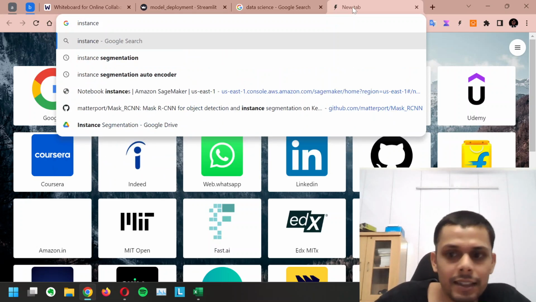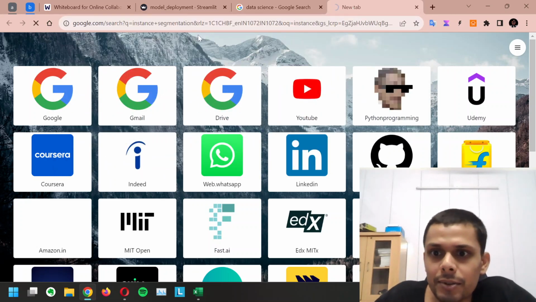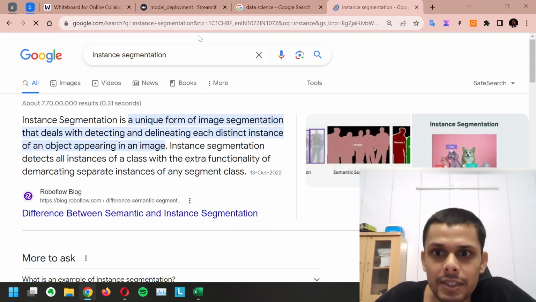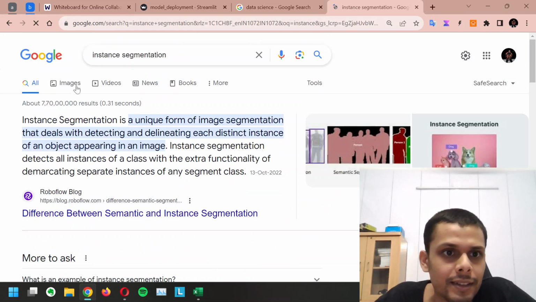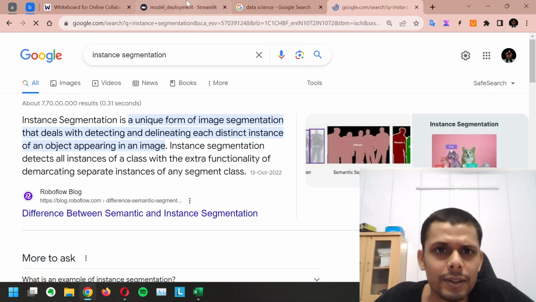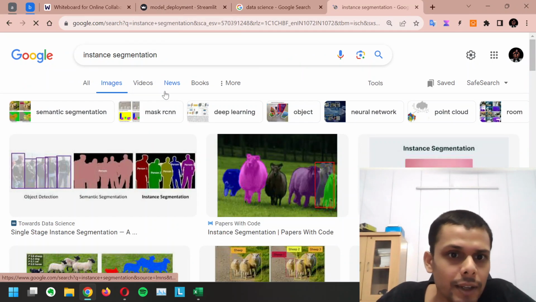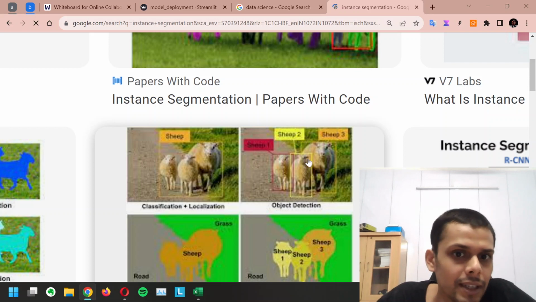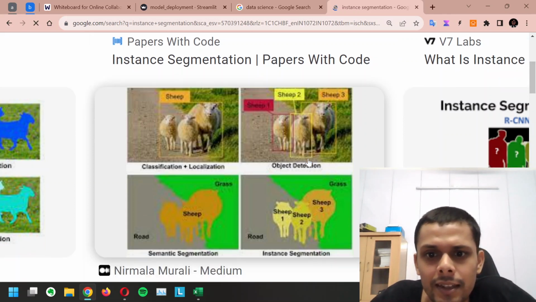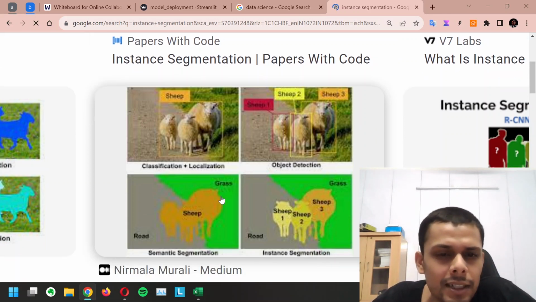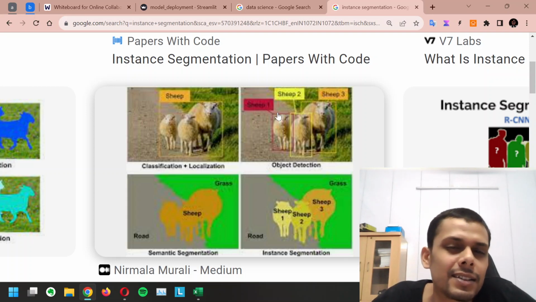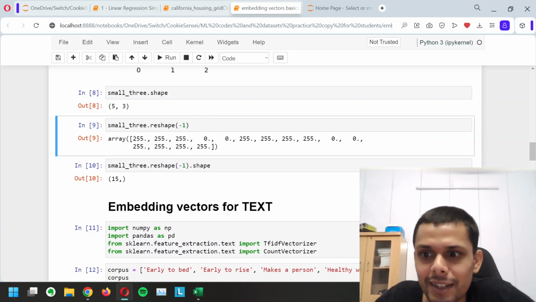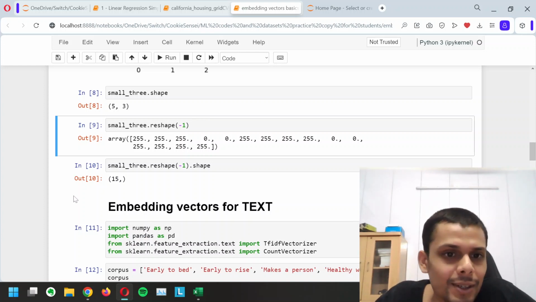Let me maybe try to show you the computer vision task, or maybe I'll hold off on that. Let me come to the part where we look at some kind of string processing. You see sheet 1, sheet 2, sheet 3, and this is nothing but segmentation using a mathematical equation, and this is called a bounding box. But let's not go into that, it would be deviating a lot from the original topic of discussion.